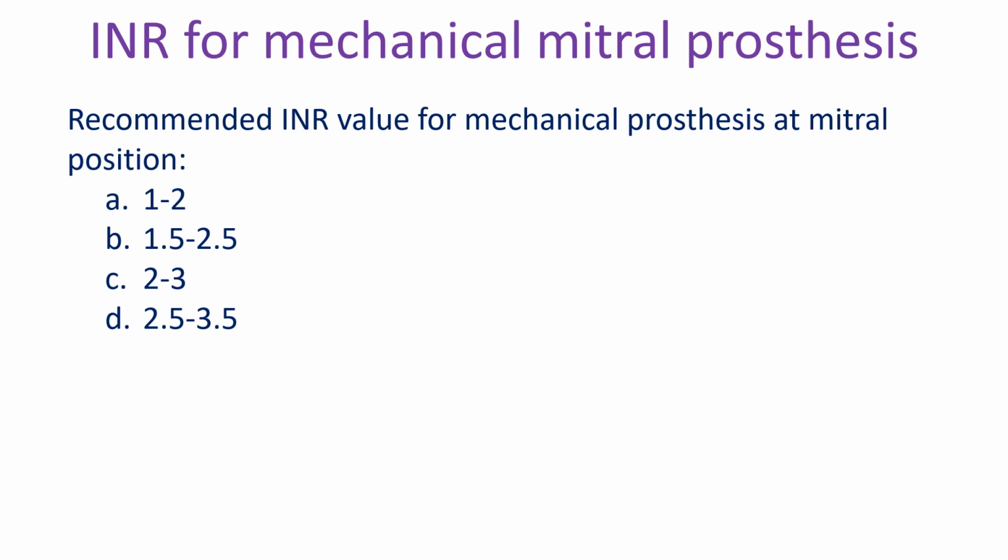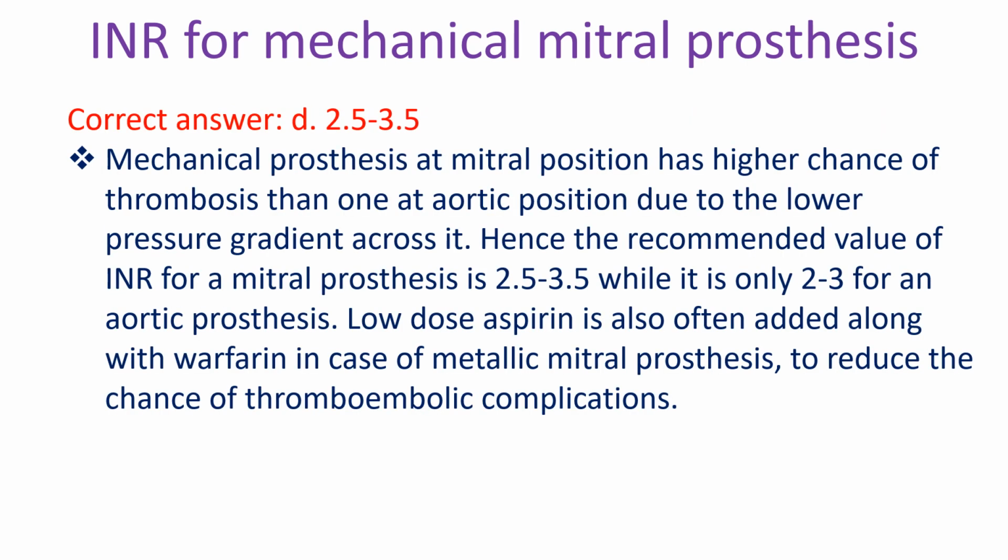Recommended INR value for mechanical prosthesis at mitral position: A. 1 to 2, B. 1.5 to 2.5, C. 2 to 3, D. 2.5 to 3.5. Correct answer D. 2.5 to 3.5.